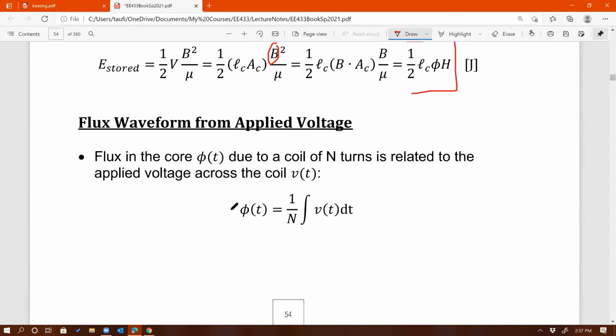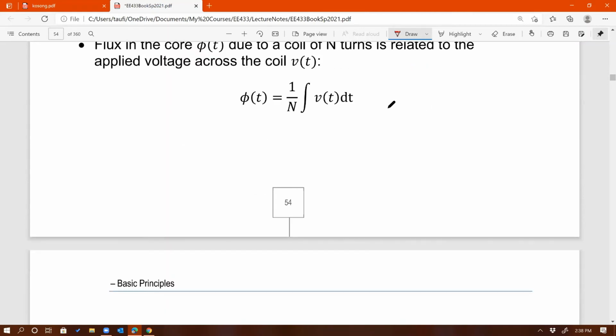Okay. So the value of the flux with respect to time is equal to 1 over n integral from 0 to t of v of t with respect to time dt. That means if I know the shape of the waveform for the voltage, then I should know how to sketch the waveform of the flux flowing inside the core.